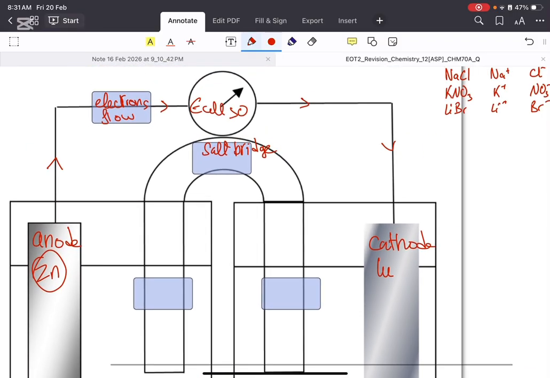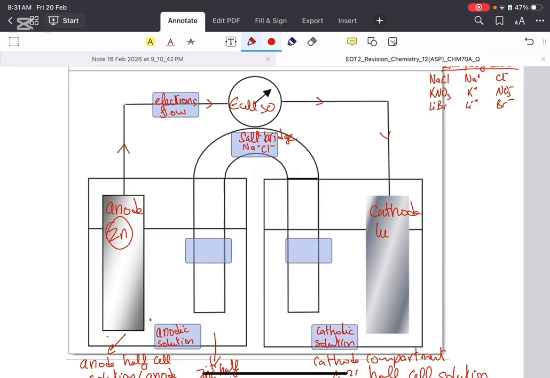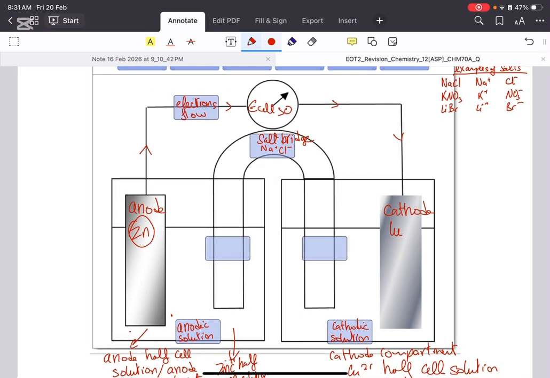Now let me take the first one. Let's say Na plus and Cl minus. So what happens here is that the positive ions go toward the solution that is consuming the positive ions, that is, they go toward the cathode. So I have Na plus going in this direction.